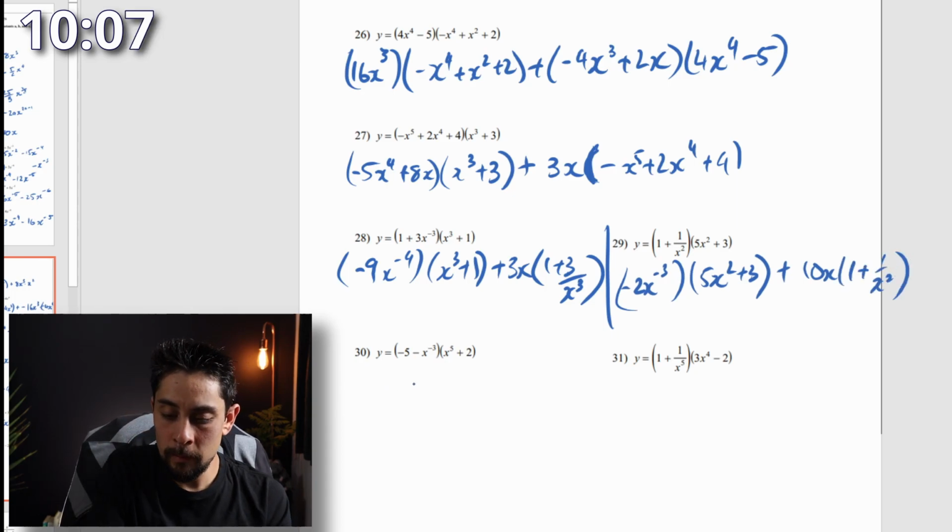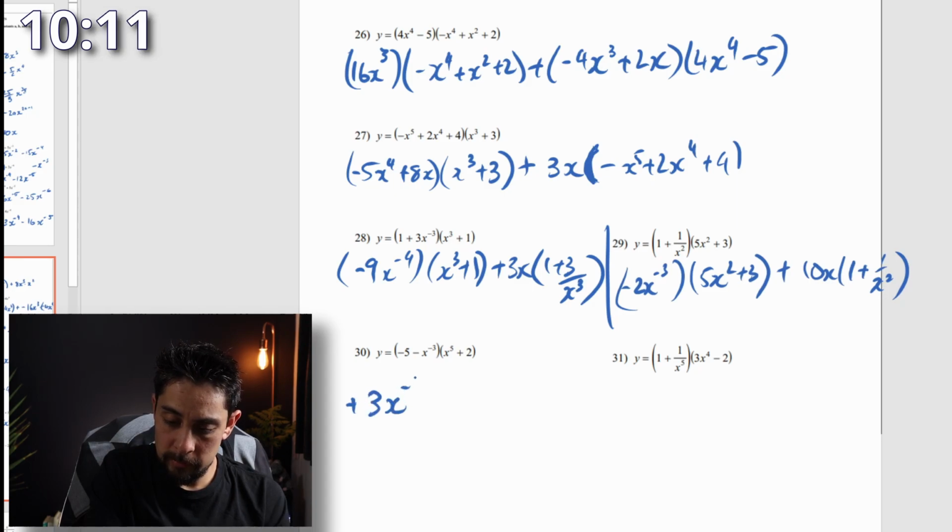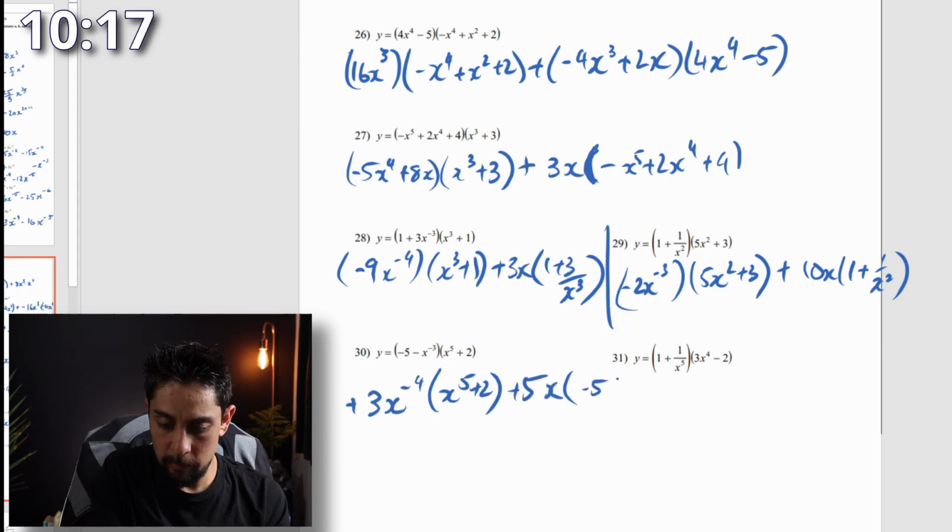Next up we have positive 3x^-4 times x^5 plus 2 plus 5x times the first bracket, negative 5 minus x minus 3.